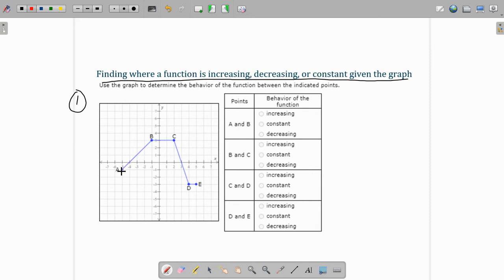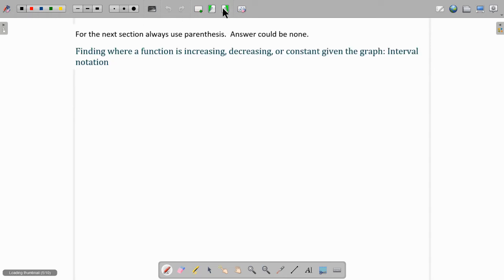So A to B, we're going up, so we're increasing. B to C is constant, going straight across. C to D is going down, so it's decreasing. And D to E is going straight across, that's constant. Okay, that's all they want you to do there. Hopefully that's pretty good for you. All right, let's move on. I'll give you another one.